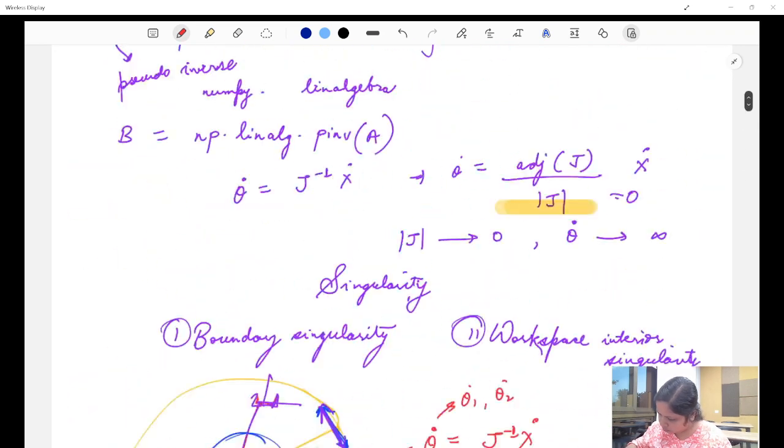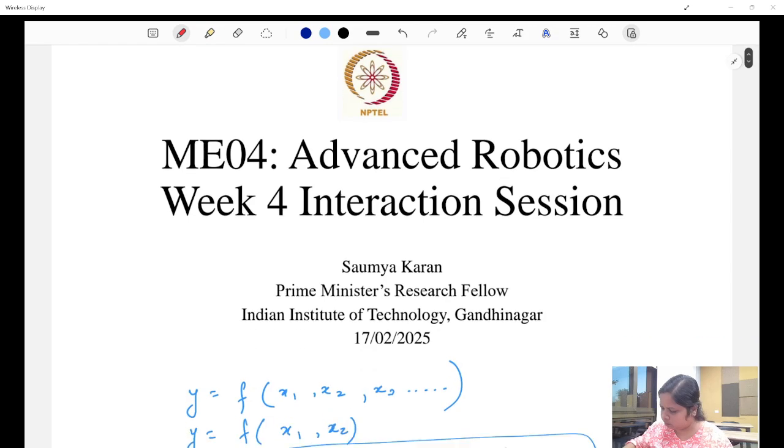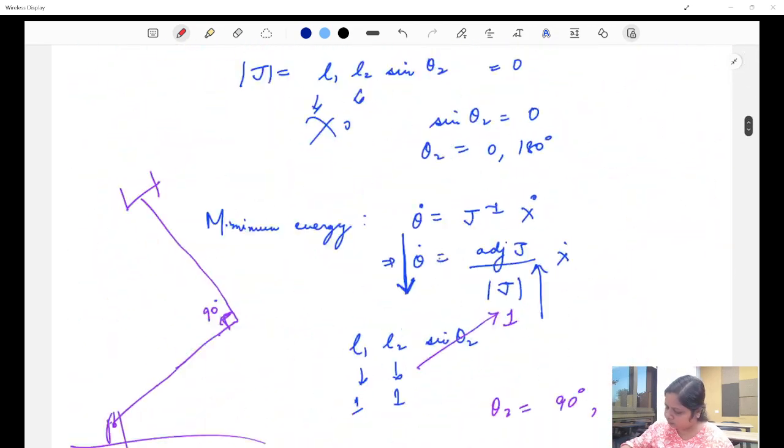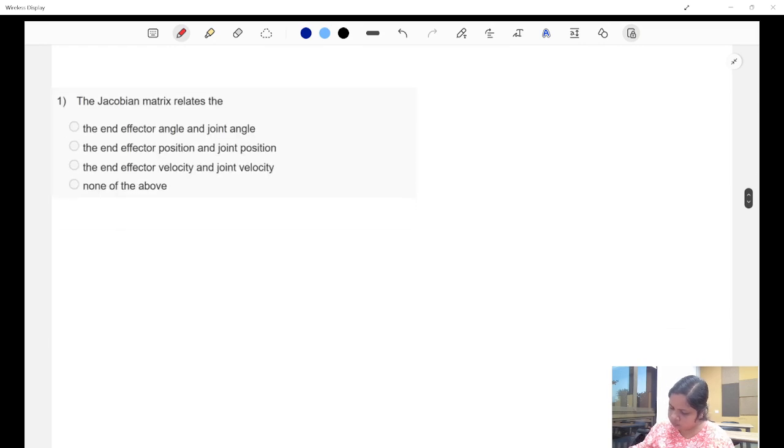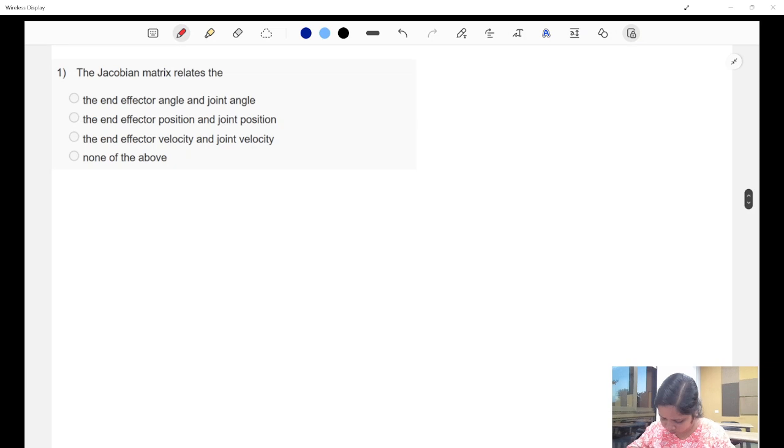Okay, now let's proceed with the question. I hope this question is really simple for all of you. It was already answered in the beginning of the lecture. So Jacobian matrix relates what?